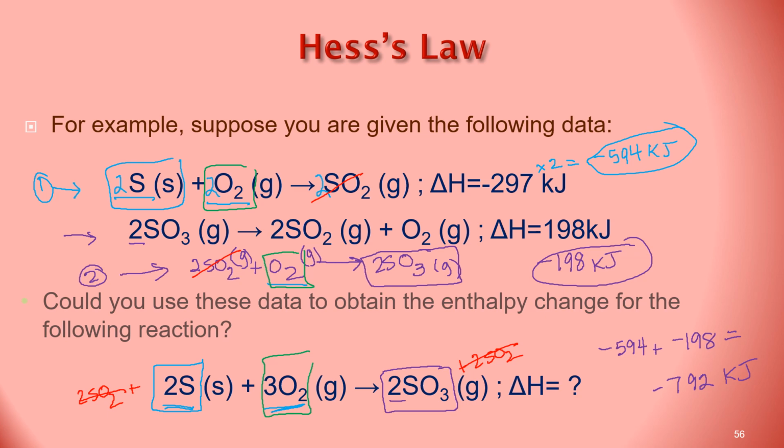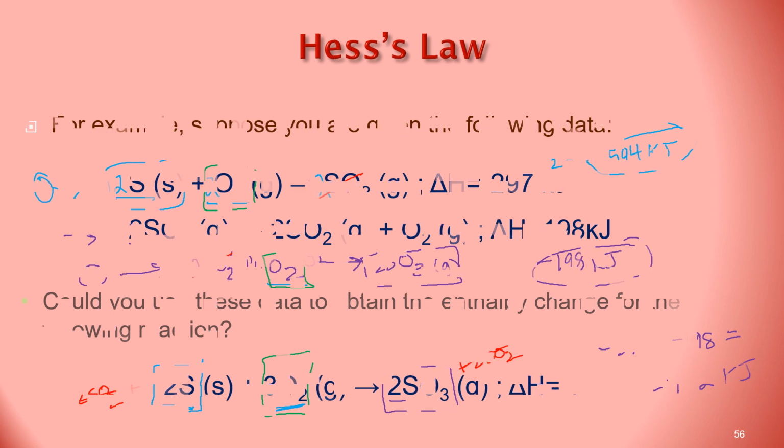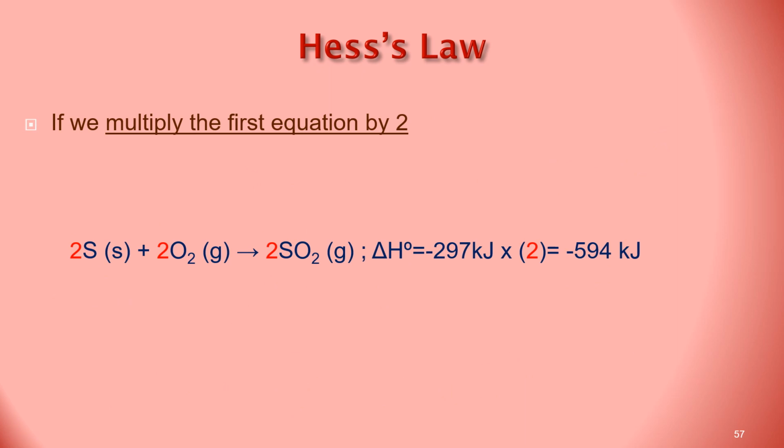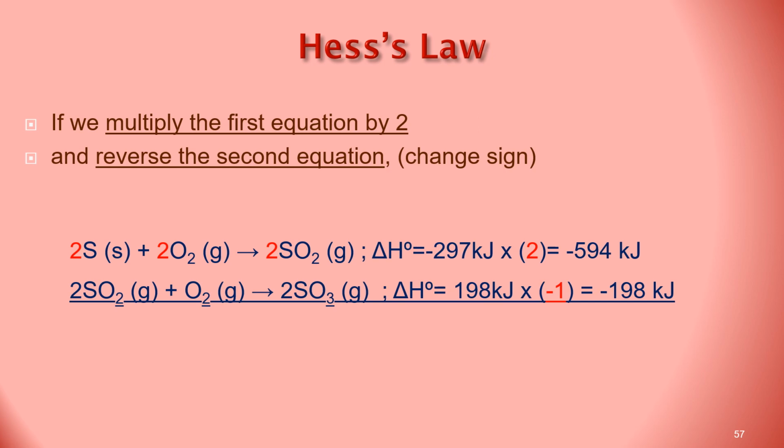I think I go through this on the next few slides, so I'll just kind of repeat myself. All right, so yeah, we take the first equation and we multiply it by 2. So that's what I did here. And if you multiply the equation by 2, you have to multiply delta H by 2. Now we reverse the second equation, but we didn't have to multiply by anything because we already had our 2 SO3 on the right hand side.